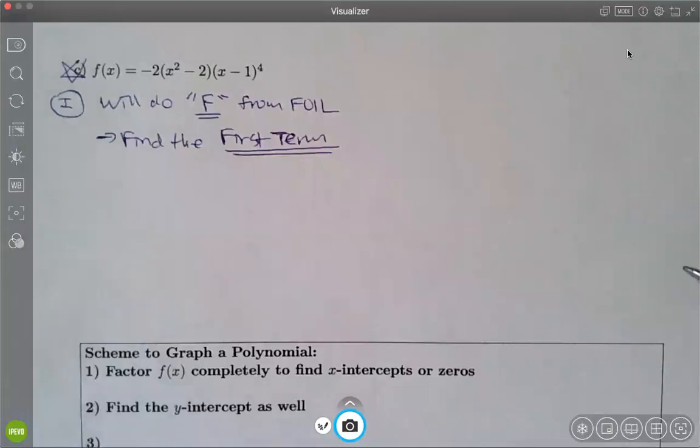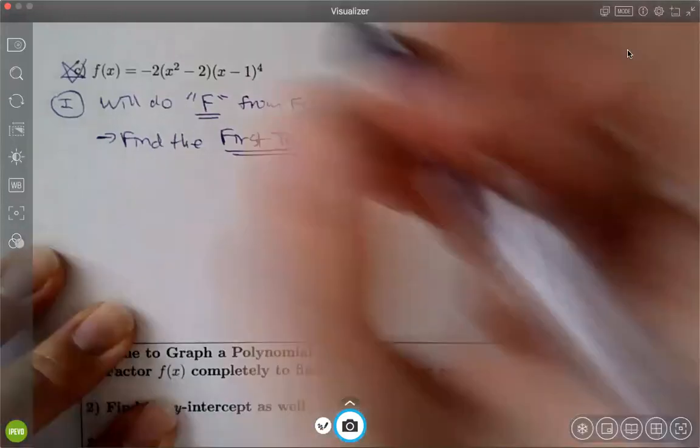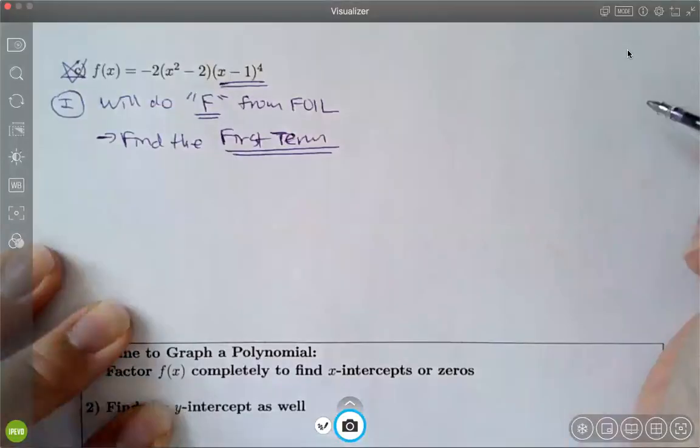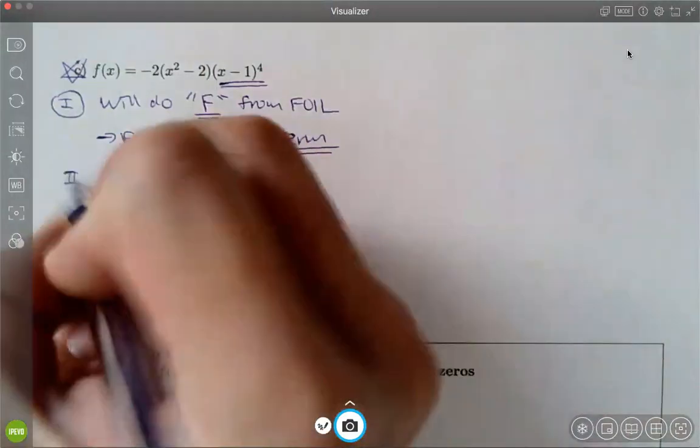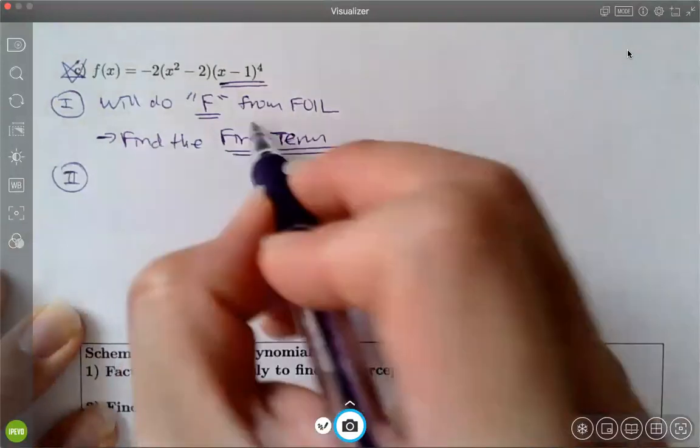I didn't say we are going to FOIL, but suppose you are FOILing this. Then what do you do first? You will do this one first, because that's the real exponent part. Remember, we are only looking at the first term.